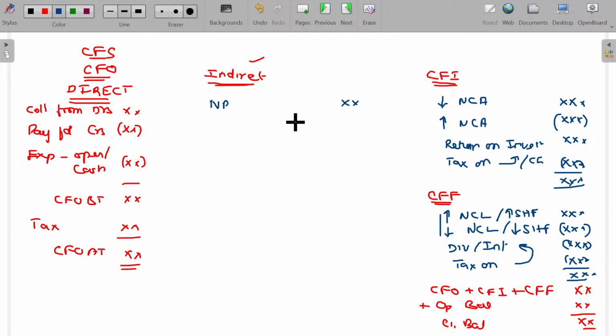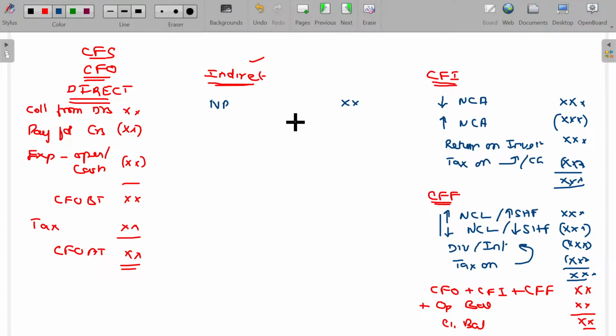Come on, tell me. In your P&L account, you might have debited and credited what? Some non-cash items as well as non-operating items. In your P&L account, you could have debited the depreciation, credited the revaluation profit, both. Because of these two reasons, cash has not gone out or not come in. So definitely there will be impact.